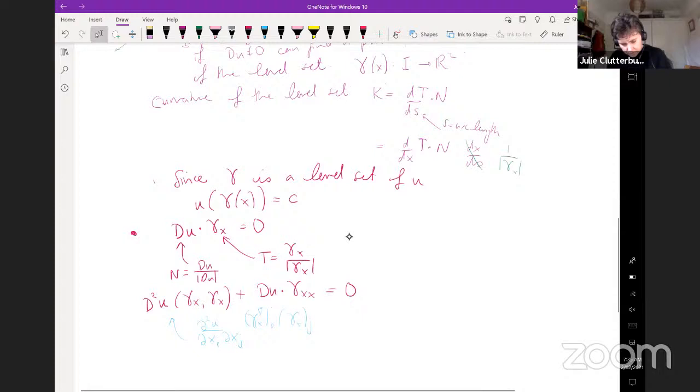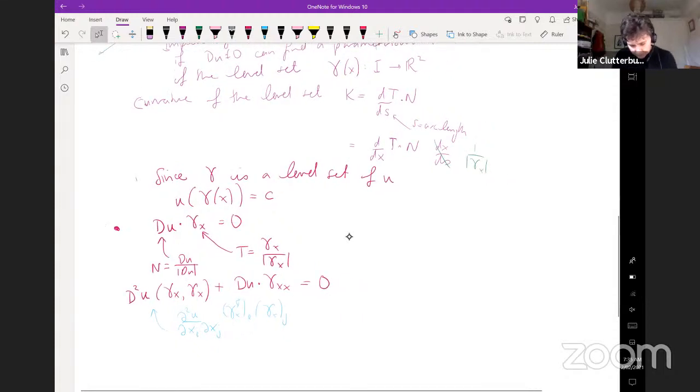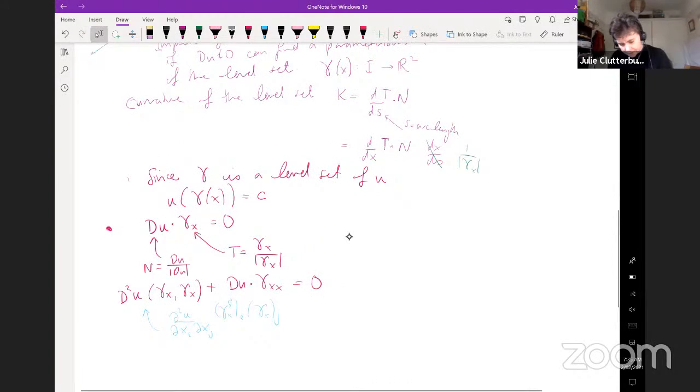Now let me make my screen a bit smaller so I can fit a little bit more in. Now I'm going to go back to my curvature here and follow the calculation through a little bit more. So this is going to be d/dx of the tangent, like this, and because I'm dotting this with the normal, I don't need to worry about taking the derivative of the length here.